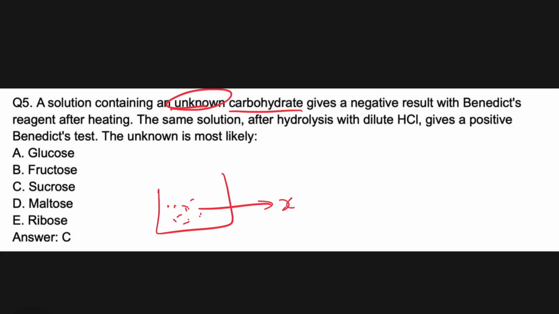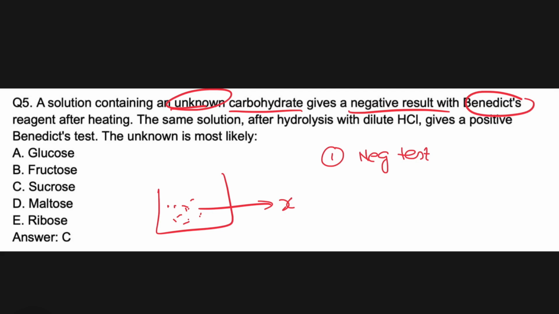So we have a solution which has a carbohydrate inside it, and first of all it gives you a negative Benedict test. Benedict test, as I told you in the previous question, is for detecting reducing sugars.